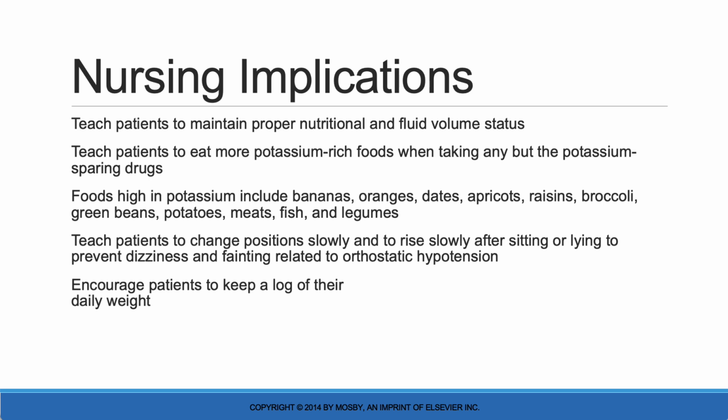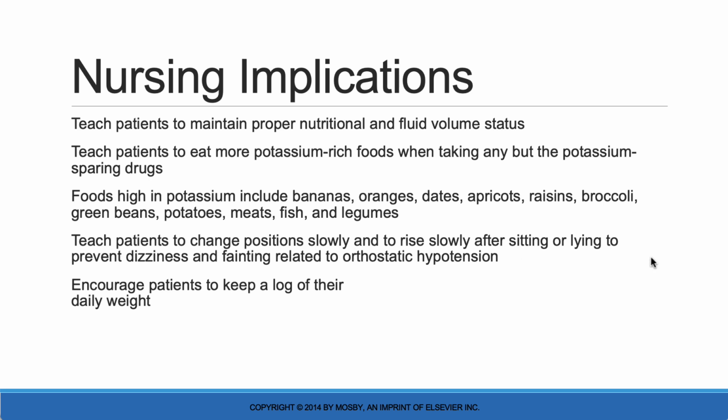If you gain 2 pounds overnight or 5 pounds over the course of a week, you should contact your provider, or maybe they've given you instructions to just take an extra dose of diuretic. But that's the way that we do it. 2 pounds overnight or 5 pounds over the course of a week. You've probably heard that already. I skipped to the end of there. Sorry. I got excited.